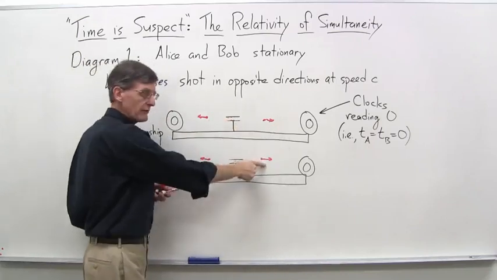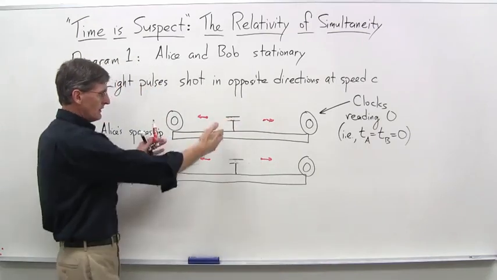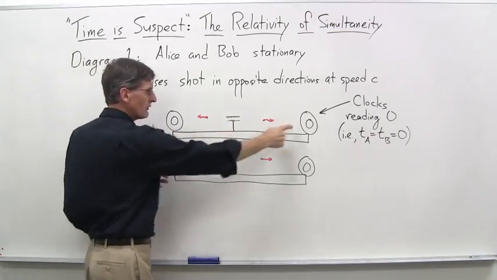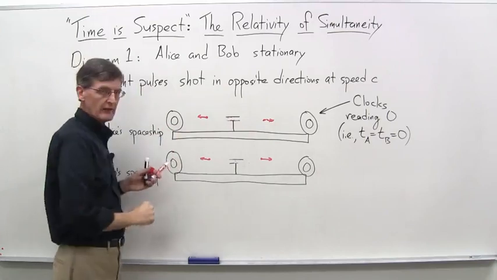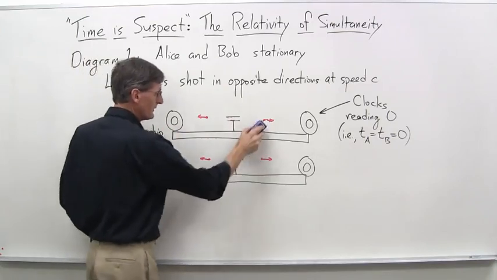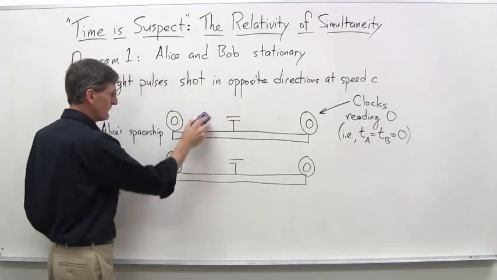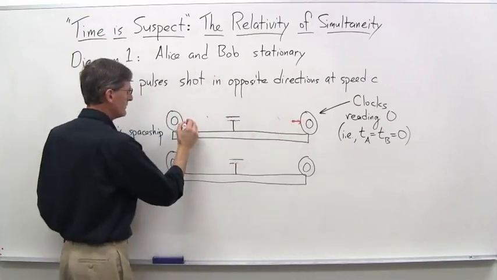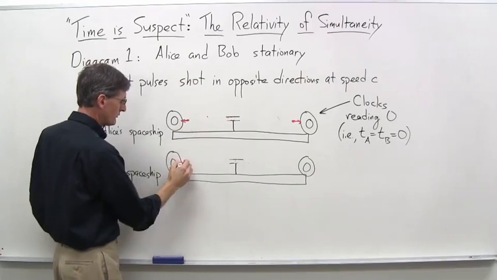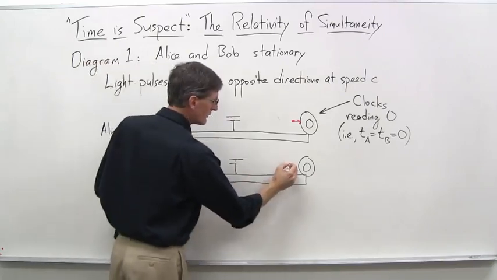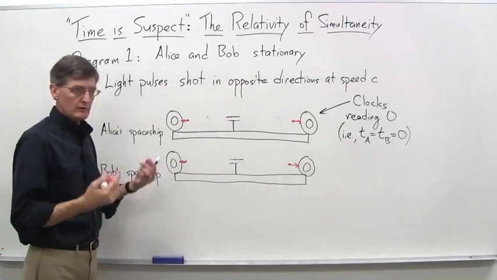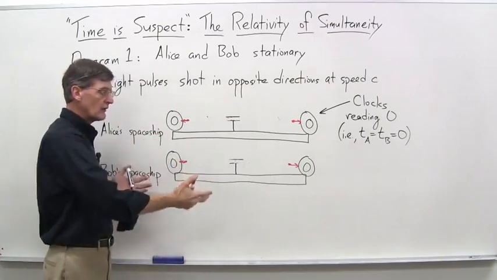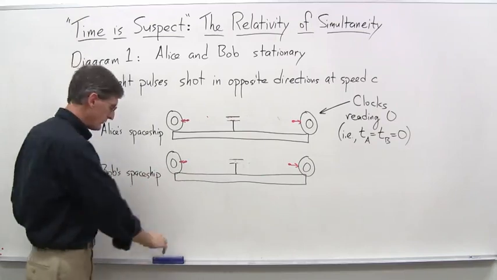This light pulse would track with that one. Assuming the light gun, as it were, is exactly in the center, we know the light pulses are going to reach the clocks on the ends at exactly the same time. So we'll draw that in here next. We'll say, okay, they've actually reached the end here. This one has reached there, this one has reached there, and this one has reached there. Clearly, everything is symmetrical. Nobody's moving. The light clocks all trigger at the same time.